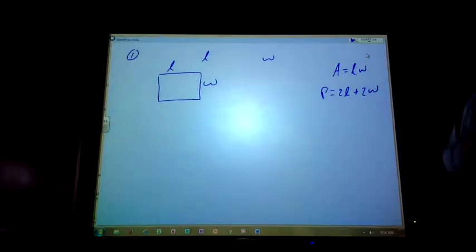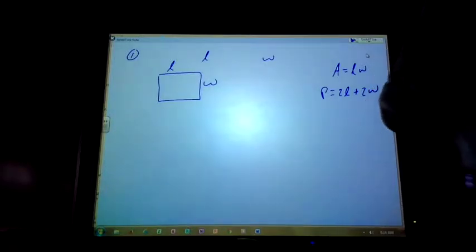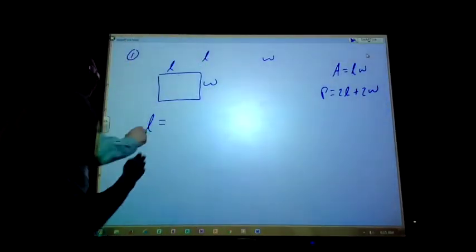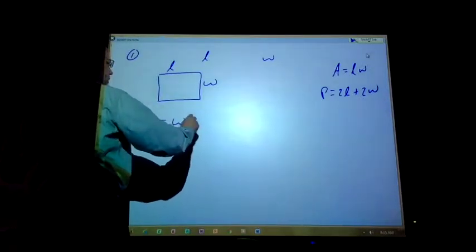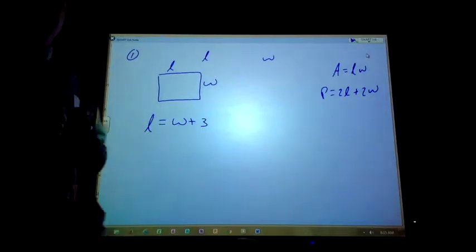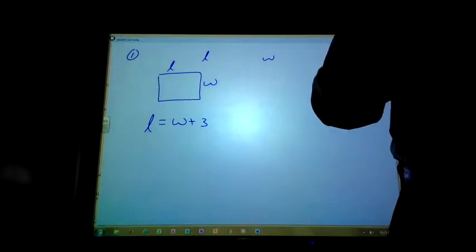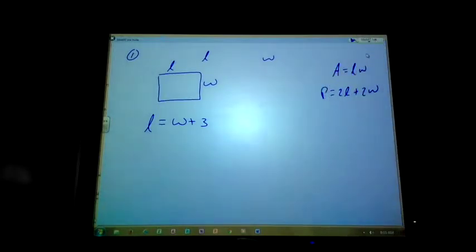But let's see what this problem says. So Ray, I'm coming to you. It says that the length of the rectangle is 3 centimeters more than the width. So Ray, the length is equal to what? W plus 3? Okay, hang on. Suppose the length of a rectangle is 3 more than twice its width. So I'm almost there.